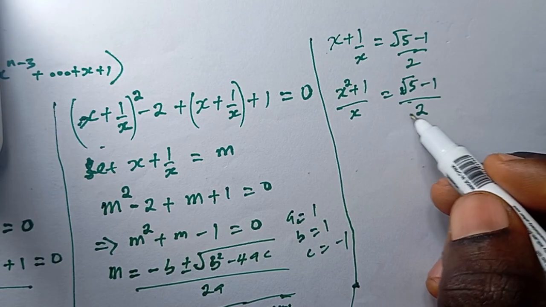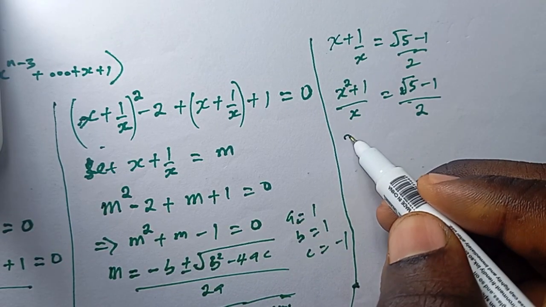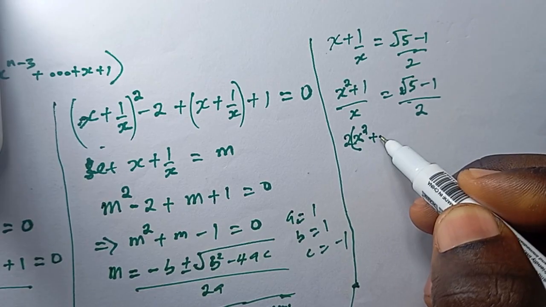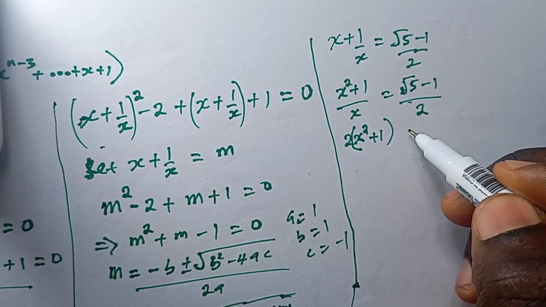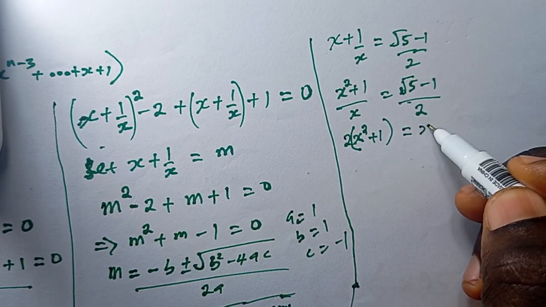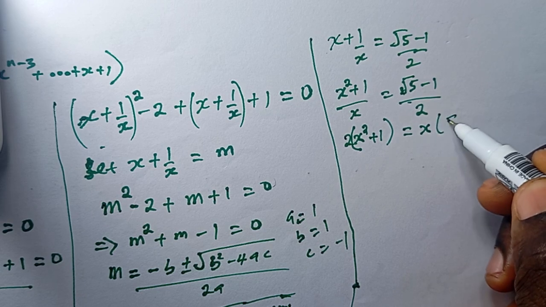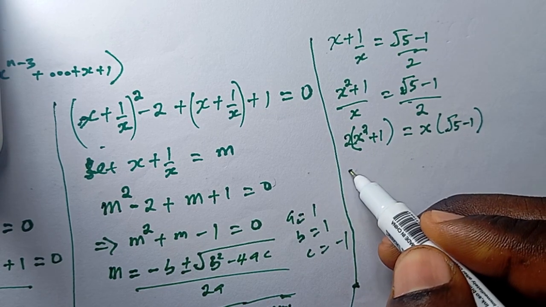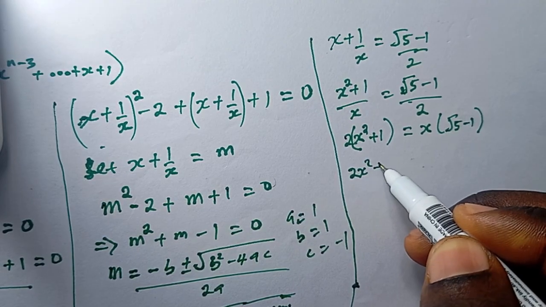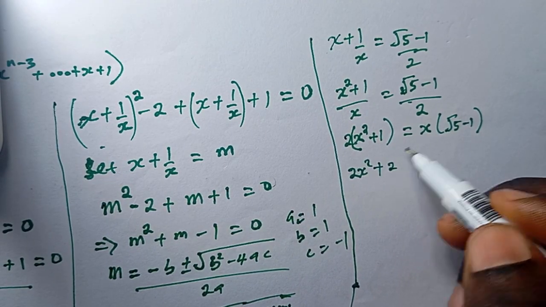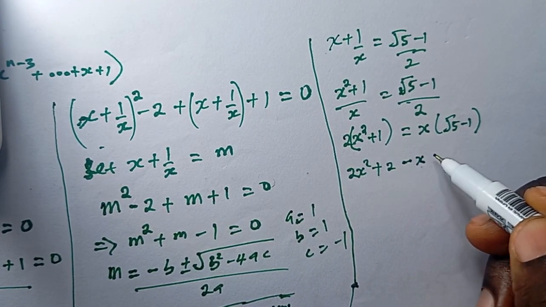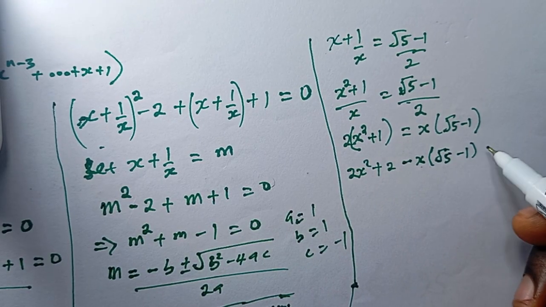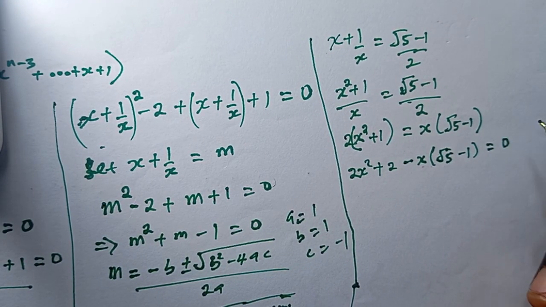So cross multiplying, 2 times x squared here is 2x squared. Okay, so let me just put it this way, 2 into x squared plus 1 is equal to x into root 5 minus 1. Okay, so opening this bracket, we have 2x squared plus 2. Then let's bring this one here, x into root 5 minus 1, and this is equal to 0.